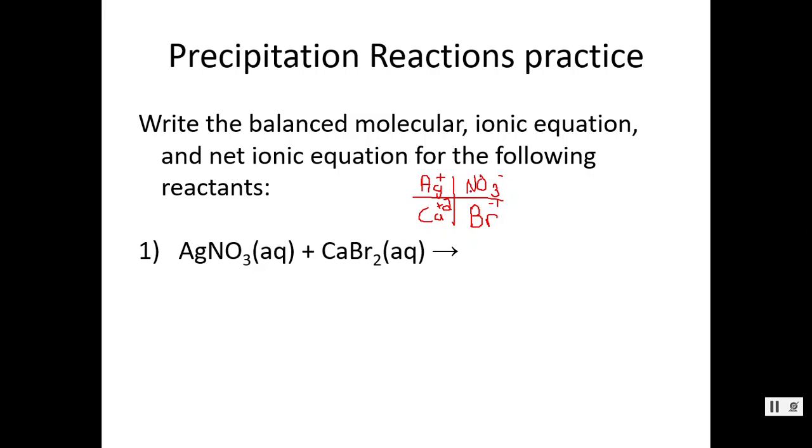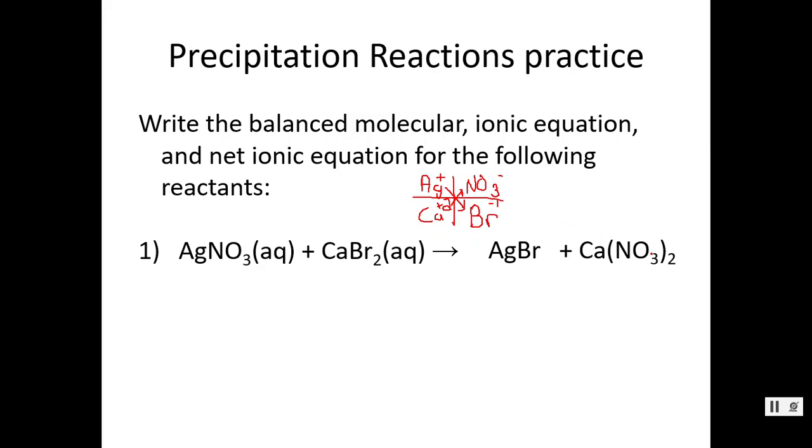So that's what I'm going to put in my little crisscross here, so I can easily see that I'm going to need 1 silver and 1 bromine. For my other product, I'm going to need to pair that calcium with the NO3. But since nitrate has a -1 charge and calcium has a +2 charge, I'm going to need 2 nitrates to balance out the charge for that molecule.